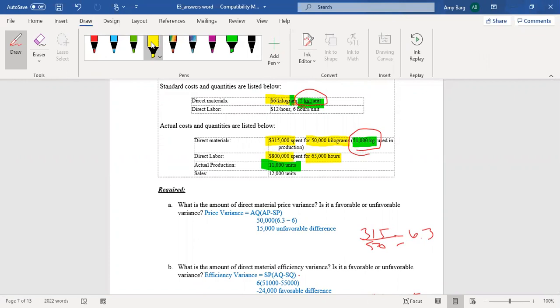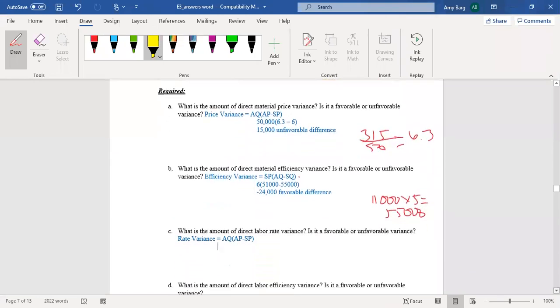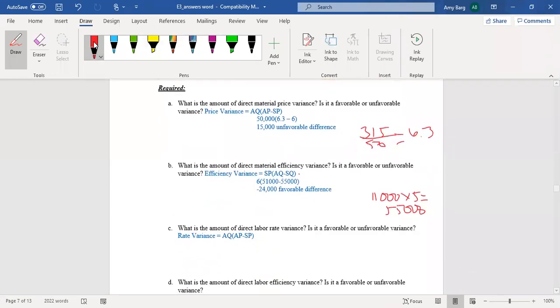It also tells us that we should be spending $12 an hour. $800,000 and $12 are not really something that we can compare very well, so we're going to get those down to something comparable. If we take the 800,000 and divide it by the 65,000, we'll get 12.31.